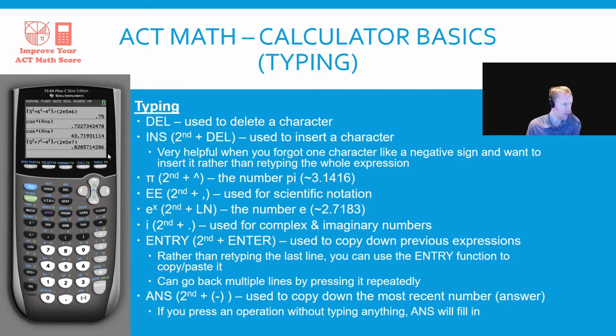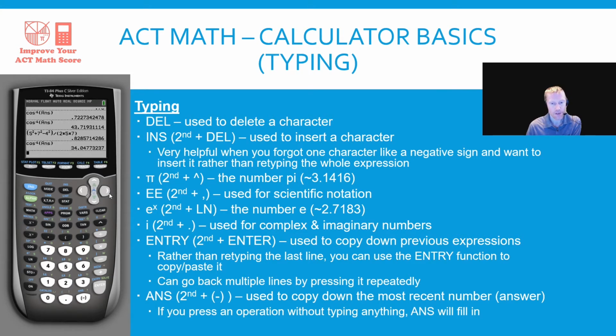doesn't terminate. So the point is, now if you wanted to find the arc cosine or inverse cosine of that, rather than having to type out 0.8285714286, or rather than having to just round it and then possibly get an answer that is not exact or is slightly off, again, we can just do second and the negative sign and put the ANS function in there, and now it'll do the arc cosine of that exact value, to tell us what the number is, and we can get it as precise as we want.